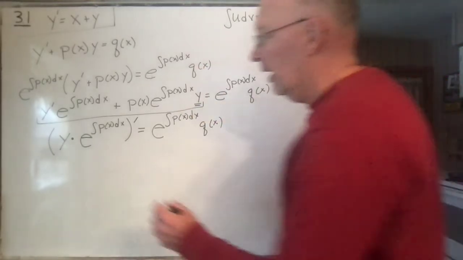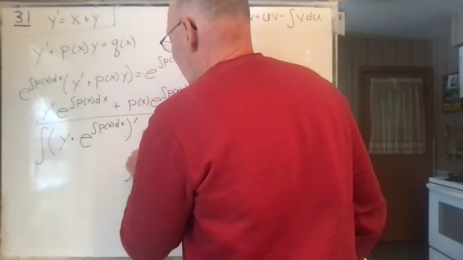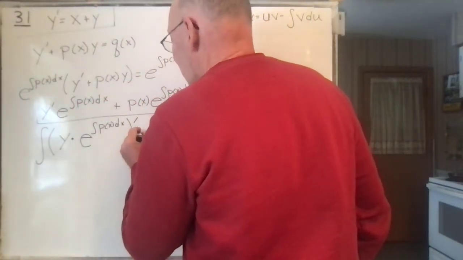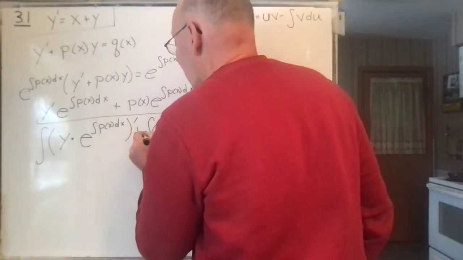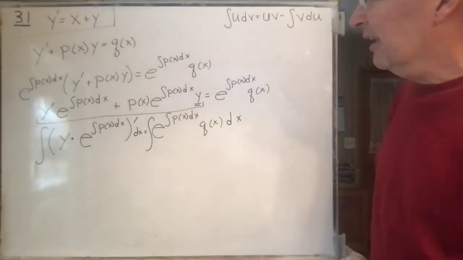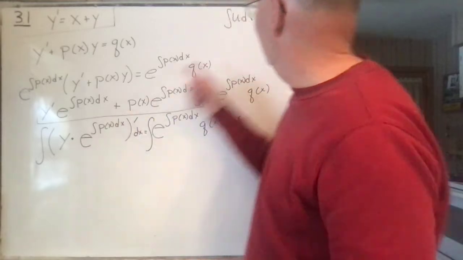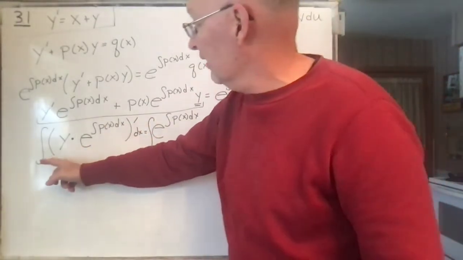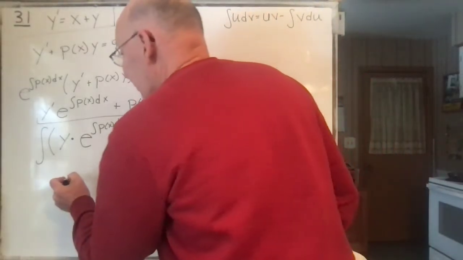And so now I can just take the antiderivative of both sides here. When I do that, notice, same as what we did here, when you take the antiderivative of the derivative of something, you just end up with that thing.